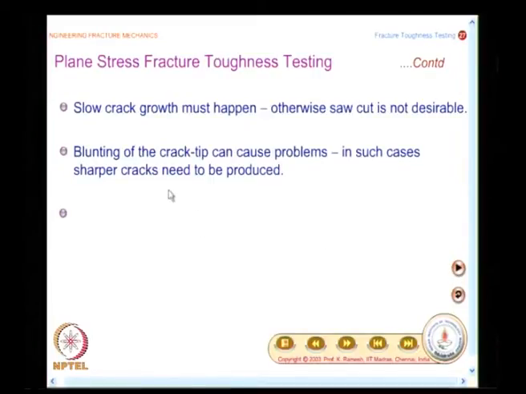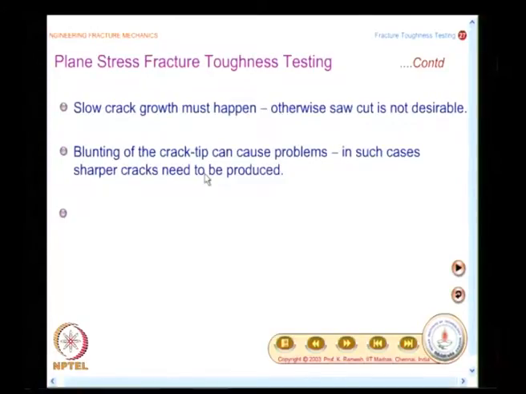So, one of the problems is blunting of the crack tip. If you have a saw cut which is wide enough, because of plastic deformation, and you know in the case of plane stress situation you will have a larger plastic zone, the crack tip may get blunt. So, in that case also you have to ensure that sharper cracks are produced.